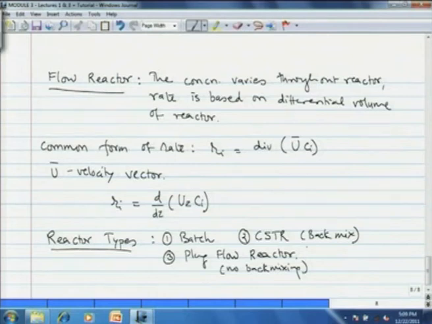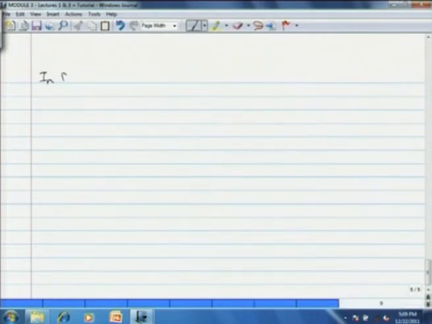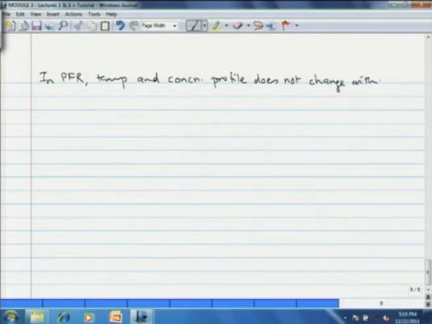That point we note: in PFR, the temperature and concentration profile does not change with time at steady state.